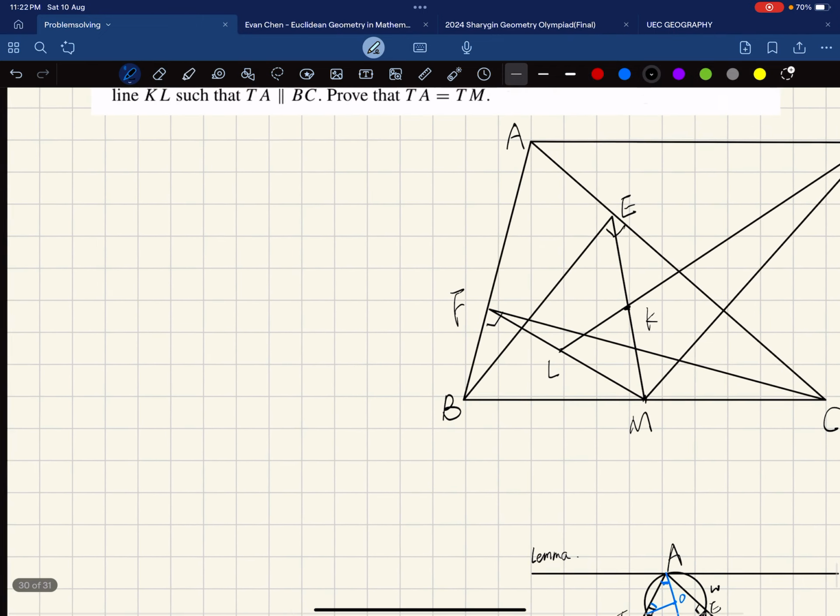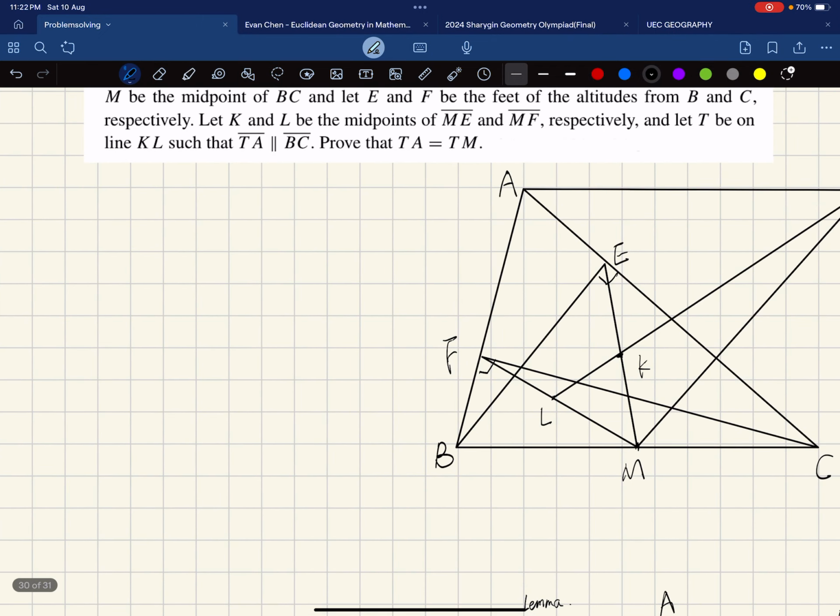So from here we can draw the circumcircle of the triangle AEF. Actually this point lies on the circle AEF.